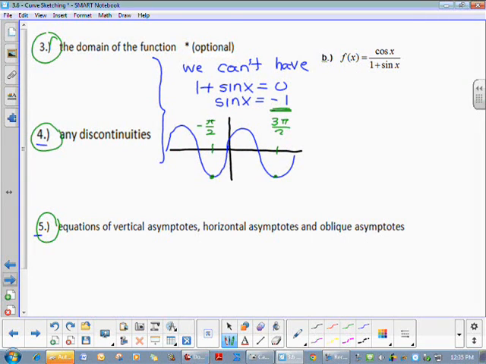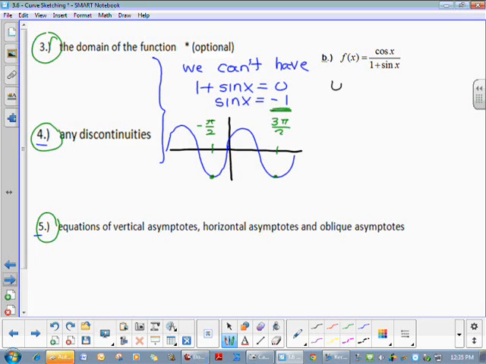Notice the domain of the function. Well, it seems like we're going to be pretty safe with practically any other value of x besides the values negative pi over 2 and 3 pi over 2, as long as we're staying on that original negative 2 pi to 2 pi domain. Now that's kind of funny here.